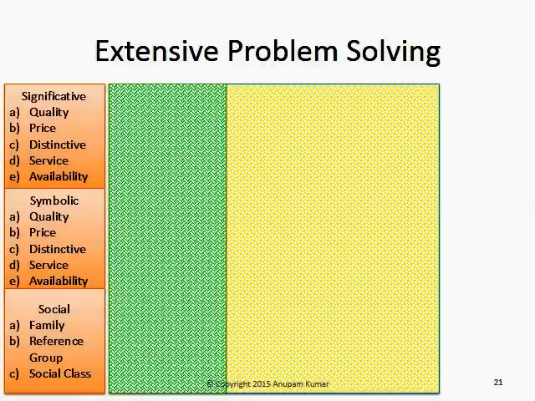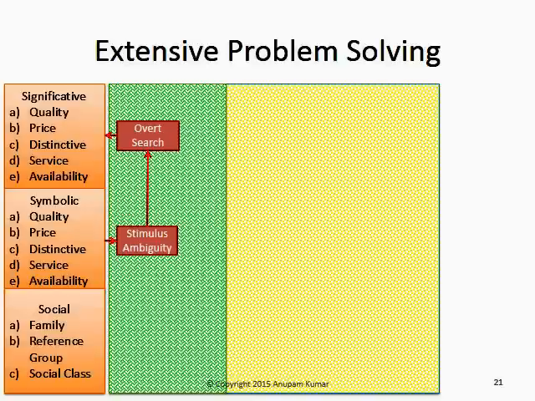The first mental cue is the development of a stimulus ambiguity, which usually leads to an overt search which the consumer does from among the significative inputs. As a result, a certain amount of clarity arises, yet the cue remains a lot ambiguous. The whole process causes a mental attention, which in turn crystallizes in the form of perceptual bias.